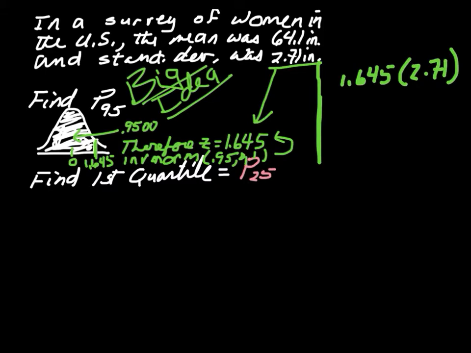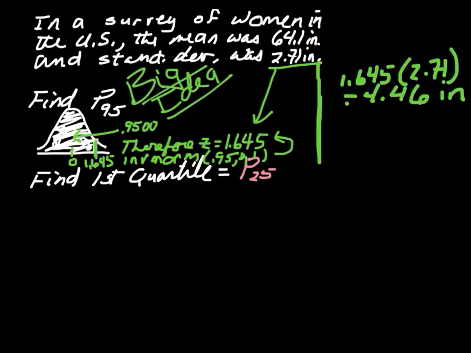And when we do that, I just did that on my calculator, I get the number 4.46. Therefore, I know that I'm 4.46 inches, no longer standard deviations, but inches above the mean. Since I'm above the mean, that means I need to do what?